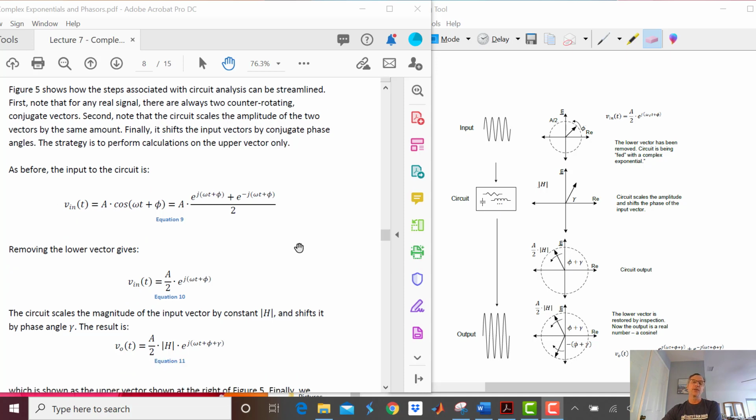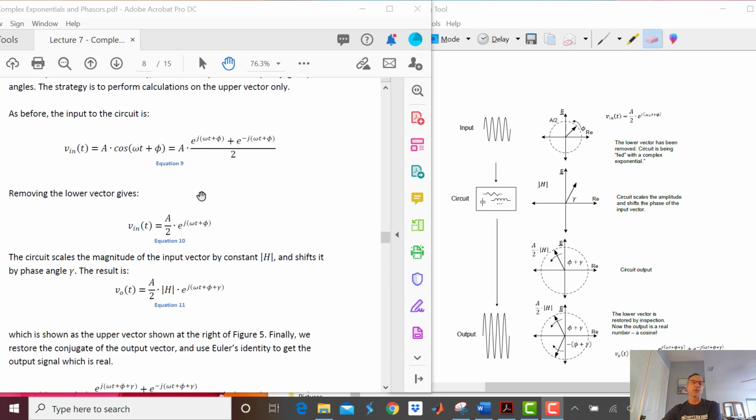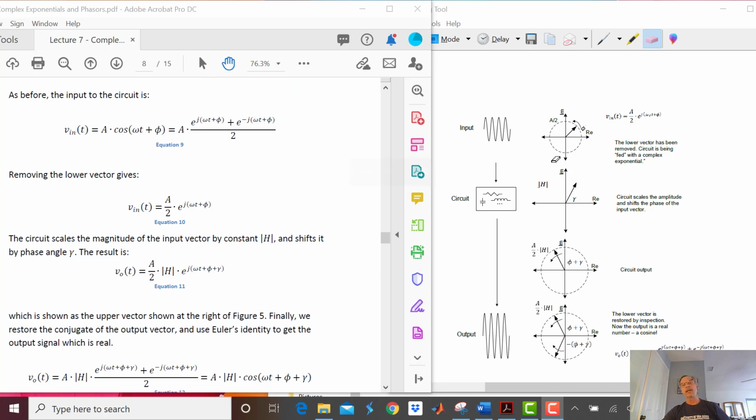And what I'm going to do is just chop off the lower vector, because if I know what the upper vector's doing, I know what the lower vector's doing. So here's our chop. We pulled out this negative frequency term, and now we just have A over 2 e to the j(omega t plus phi). And here it is right here. We just have the positive, the rotating vector.